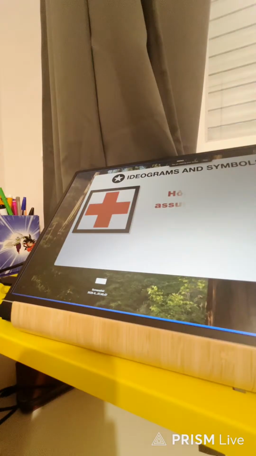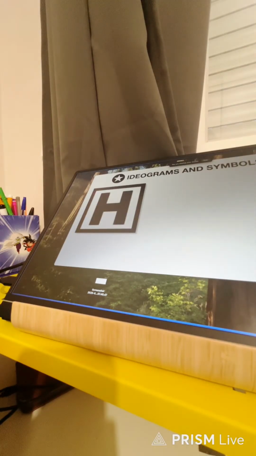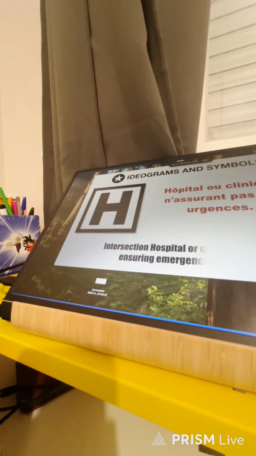So then this symbolizes what? Hospital. We all know it's hospital. Okay, this is hospital or clinic. But majorly just know it is hospital. Okay, the Red Cross hospital. We have another one that is H also. It is also hospital, but this one does not give you assurance.